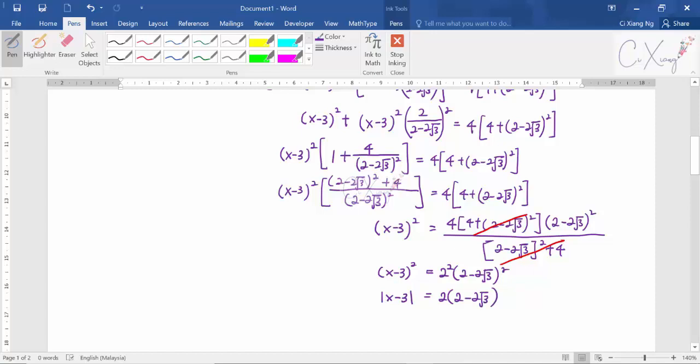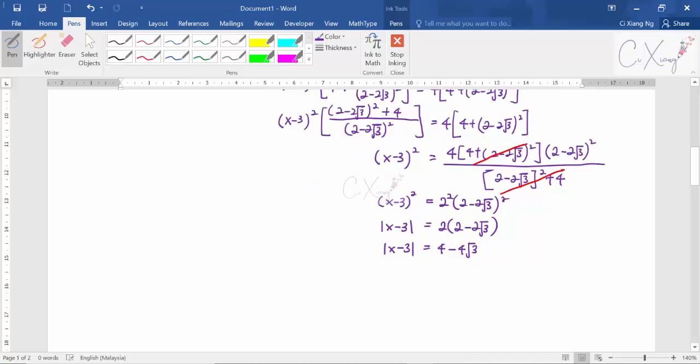Okay, and then modulus of (x - 3) equals to 4 - 4√3. And I want to expand this modulus. So when I expand this modulus, I'm having x - 3 equals to 4 - 4√3. Another expansion will be x - 3 equals to negative (4 - 4√3), that is -4 + 4√3.